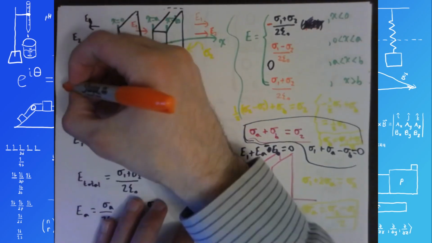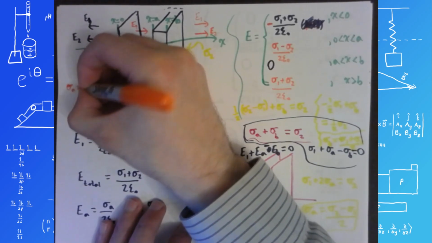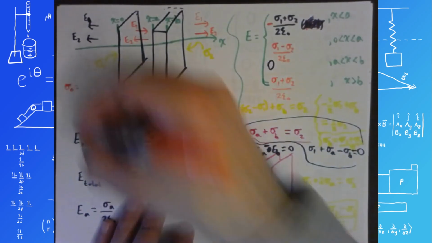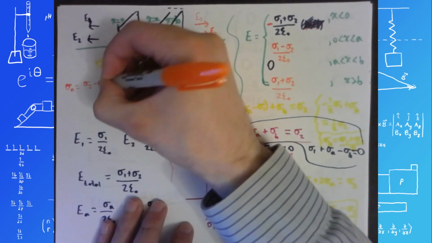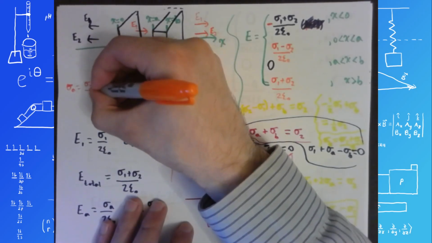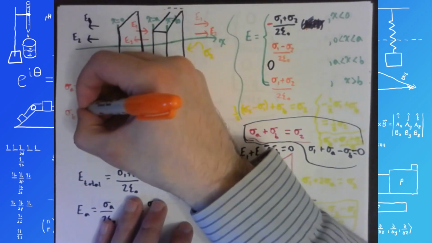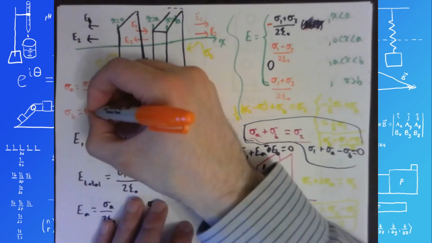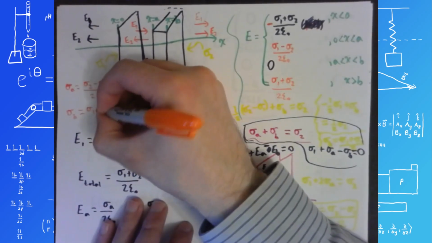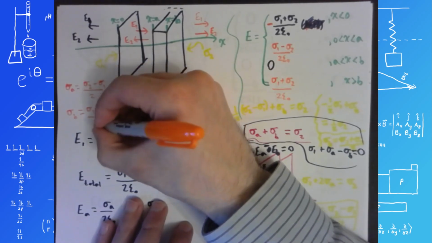So sigma A equals sigma 2 minus sigma 1 all over 2, while sigma B equals sigma 1 plus sigma 2 all over 2.